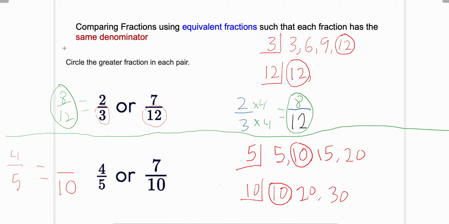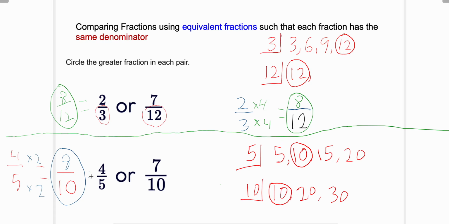So I'm going to ask myself, 5 times what will give me 10? Well, I know 5 times 2 gives me 10. Whatever I do to the bottom, I have to do to the top. 4 times 2 is 8. So 4/5 turns out to be the same as 8/10.